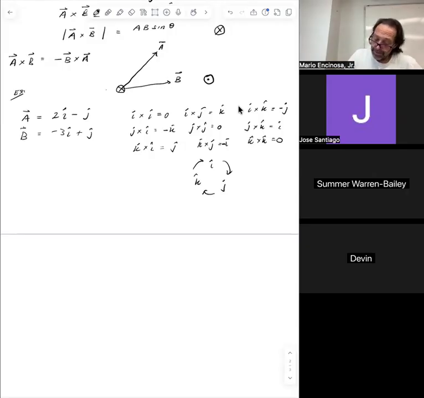So A cross B will be 2I hat cross minus 3I hat plus J hat. I'm going to write this one out a little more elaborately here. I hat cross I hat is 0, so I get nothing from the 2 times minus 3. And I get 2 times 1, which is 2.